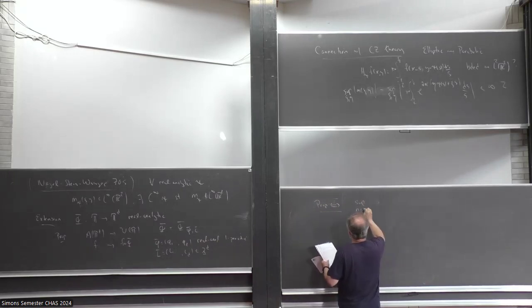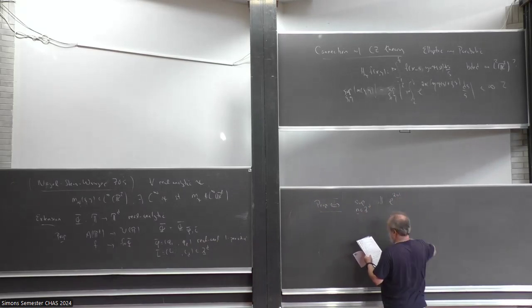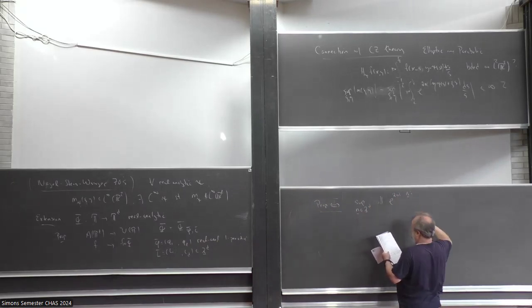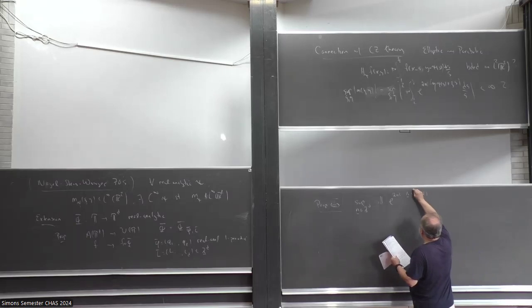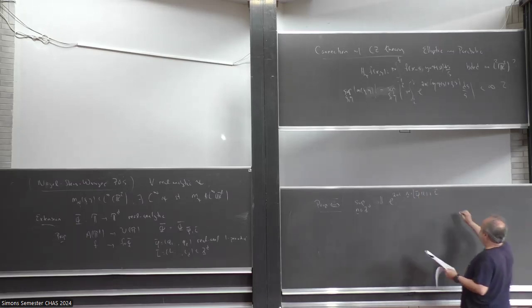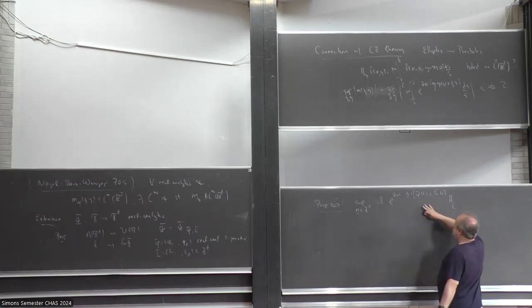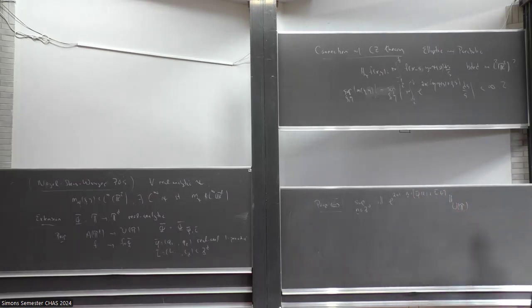Now I'm looking at lattice points in Z^D, and I'm taking this oscillation e^(2πi) of the dot product of this lattice point with my D-tuple of real analytic functions, and I'm also going to add this L bar, a lattice point in Z^D times T. Sorry, I'm looking at this function on the circle, and I have to compute the Fourier coefficient, the partial sums, and so I have to work out this uniform convergent norm.